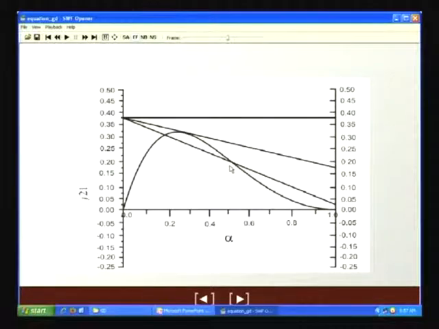Now, you keep on increasing the liquid flow rate. Or in other words, you can also keep on increasing the gas flow rate as well, does not matter. You can keep this constant and keep on increasing the gas flow rate also. By any means, what you find, a point comes when the line becomes tangent to the curve.